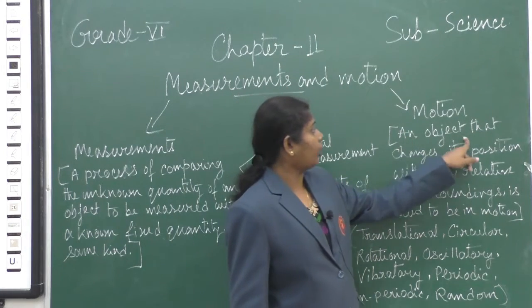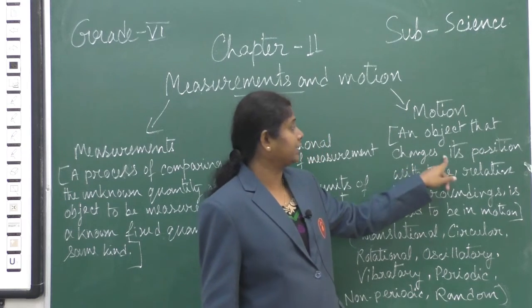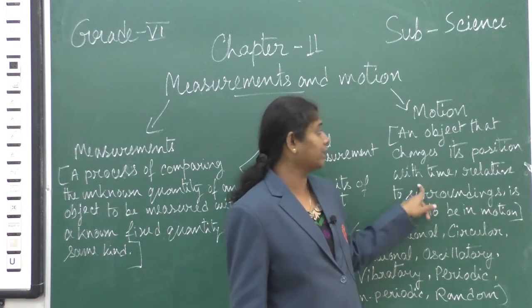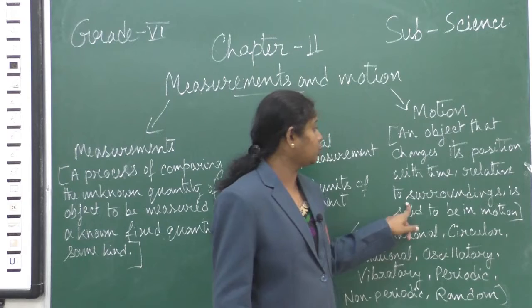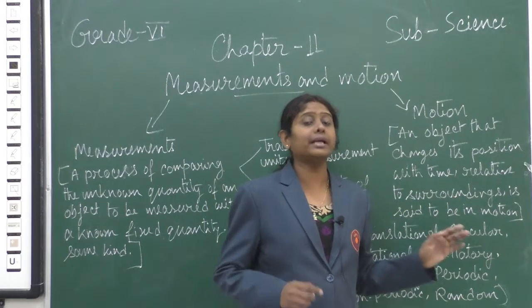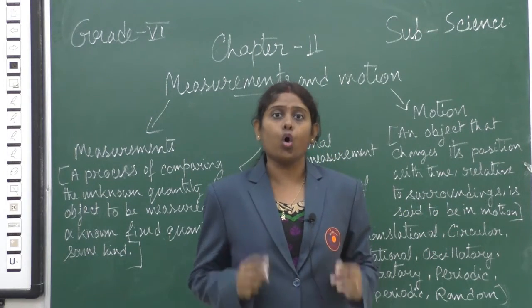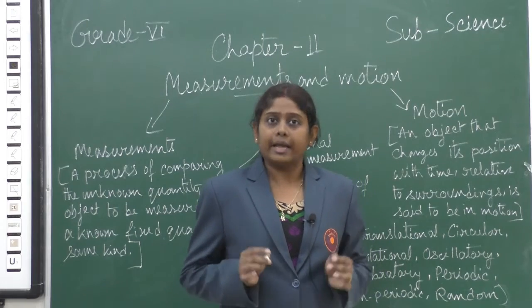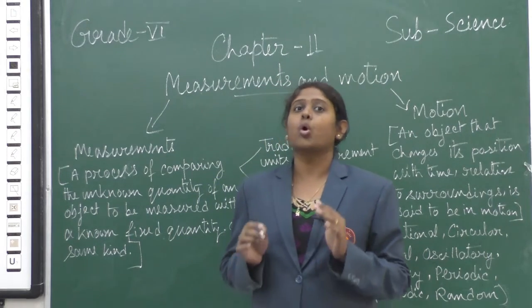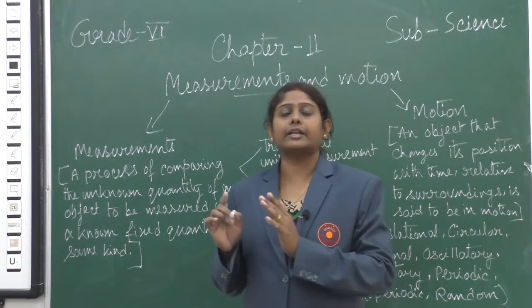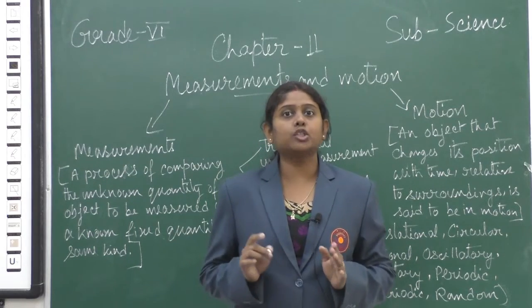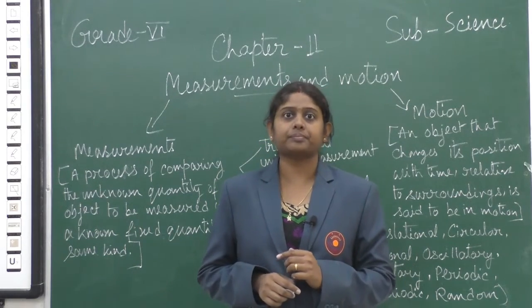But an object that does not change its position with time relative to surroundings is said to be at rest or stationary. Example, a tree is always at rest with respect to any person.